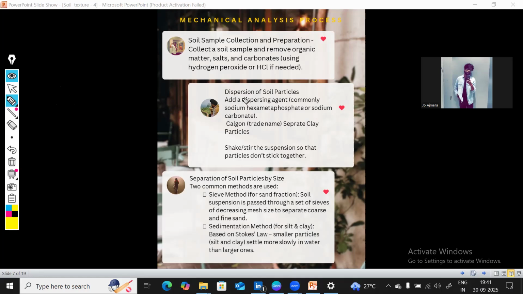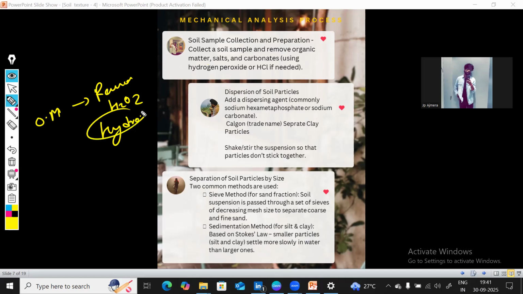First we do the dispersion of soil particles. First, organic matter: collect the soil sample and remove the organic matter, salts and carbonate using hydrogen peroxide or HCl if needed. Organic matter is removed by H2O2, that is hydrogen peroxide.